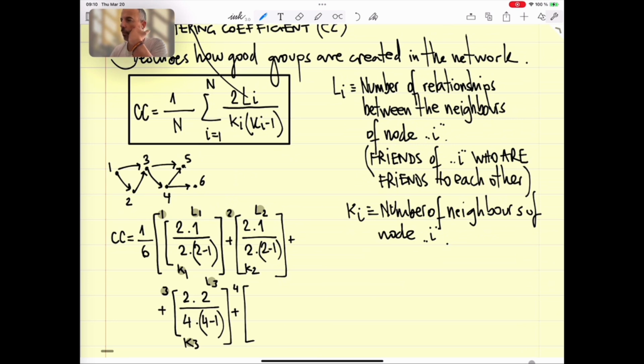Do you want to do number 4 with me? Somebody? No. So Nicolas, you can do it if you want. Just put your microphone on and do it. Tell me what I should write. The neighbors of 4 are 3, 5, and 6, and there is only one connection.